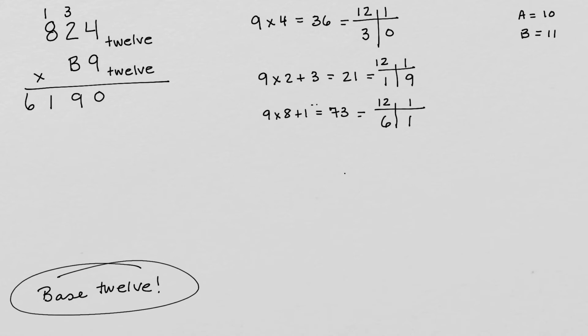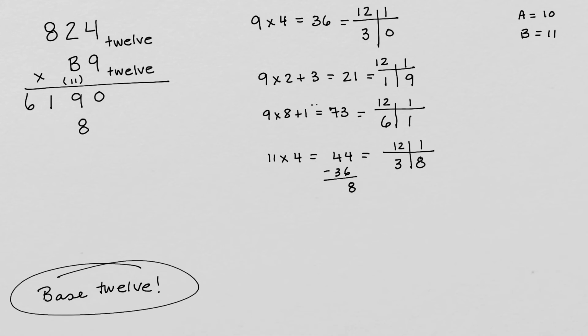And now I have to multiply by B, which is 11. All right, so I'm just going to write 11. 11 times 4 is 44. But in base 12, that is 3 groups of 12. And 3 groups of 12 is 36, and 8 left over. Okay, so the 8 comes down.